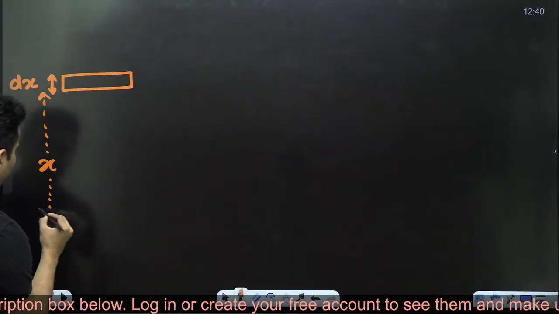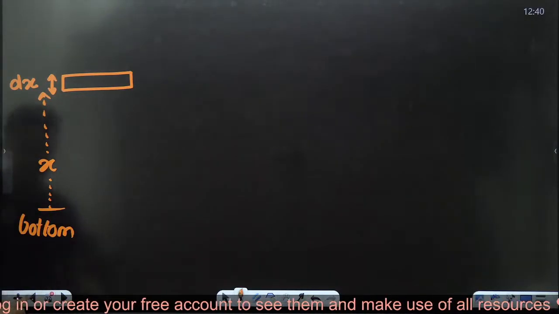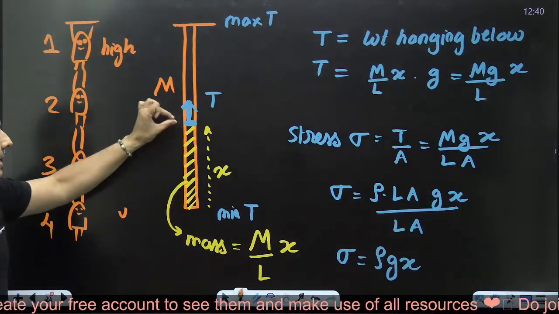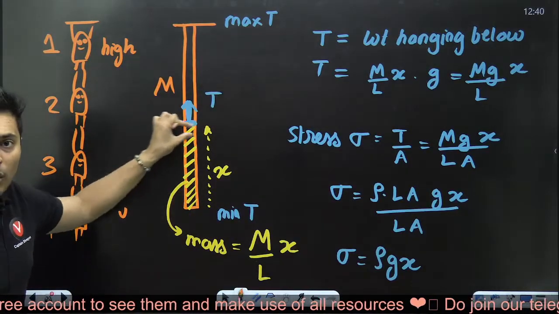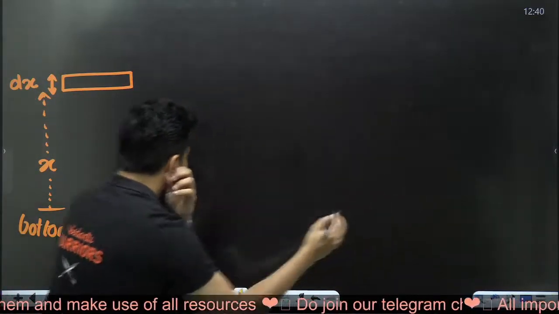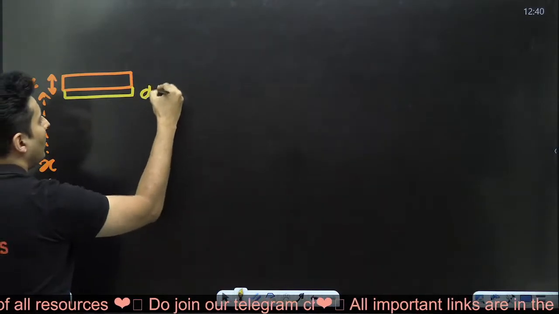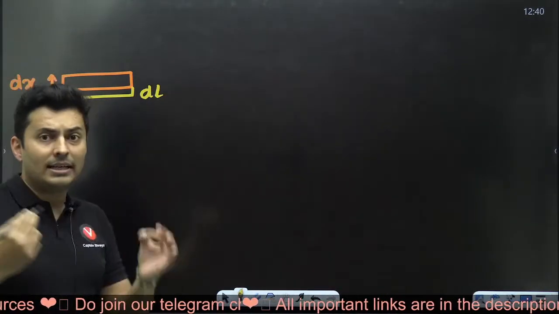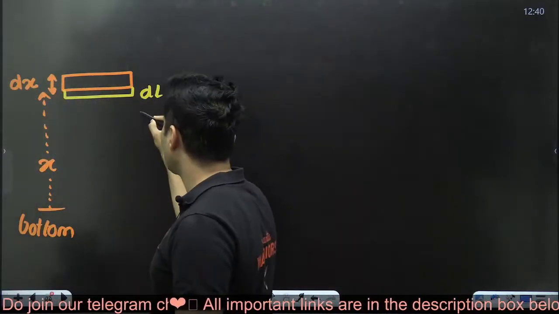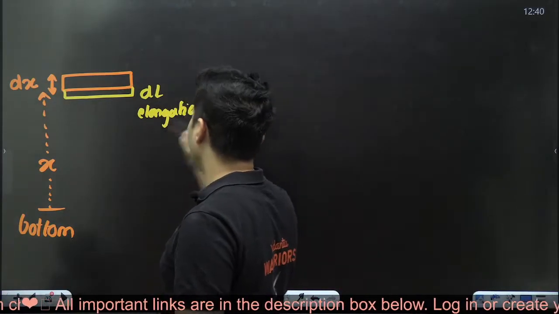X is from the bottom. Remember, this is the bottom, just the same bottom like we took it over here. At x, I've taken a small piece of that rod, and that rod element will elongate by d small l. D small l is the small elongation that happens in that particular rod.